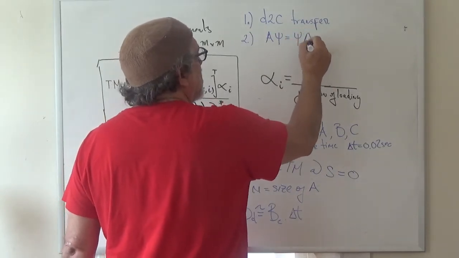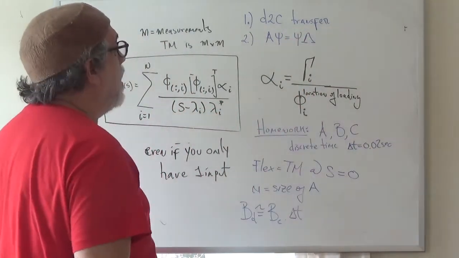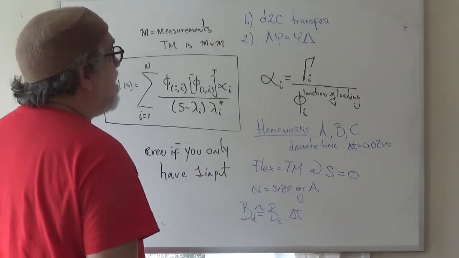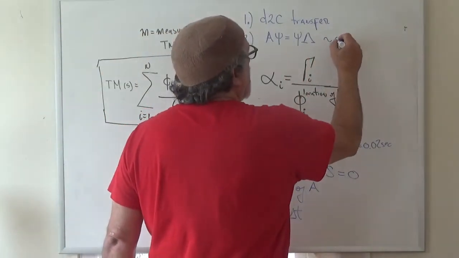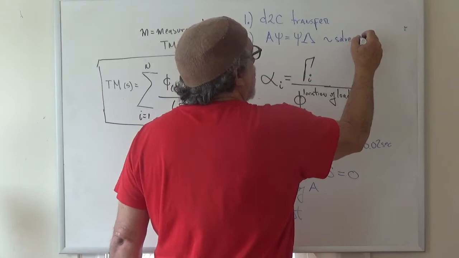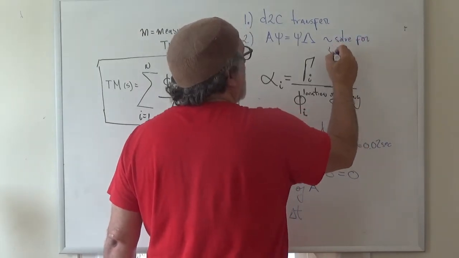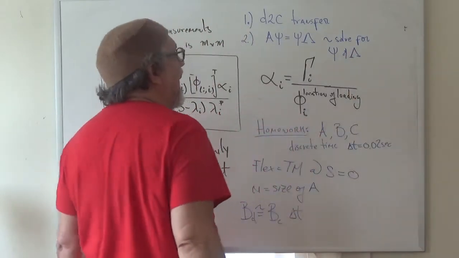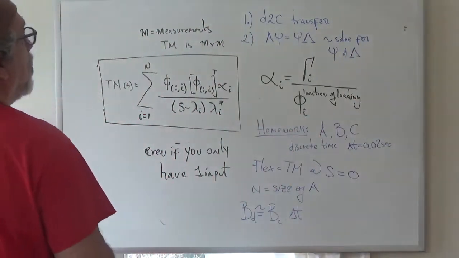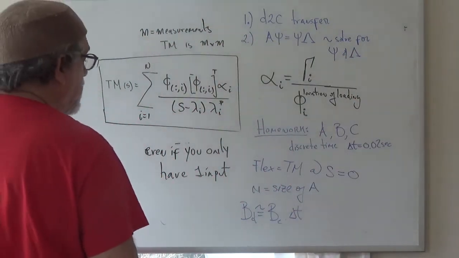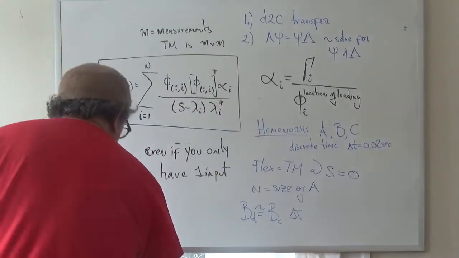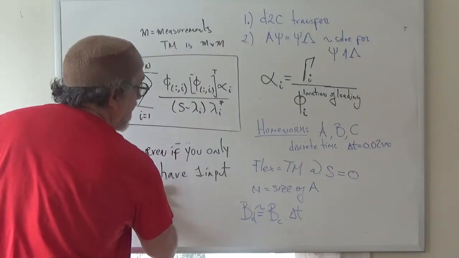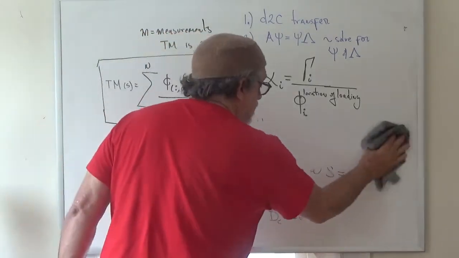I don't give you the steps in MATLAB. You should know by now that with A phi equal to phi lambda, you need to solve for phi and lambda, right? That's the eig command. So with A times phi equal to phi times lambda, you solve for the eigenvalues and the eigenvectors.